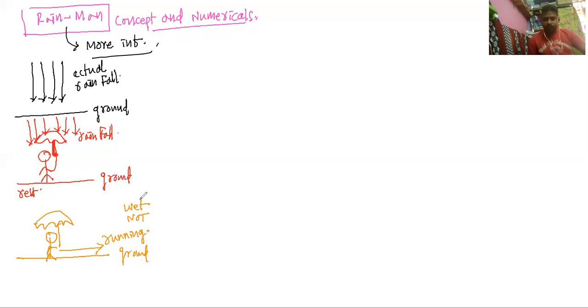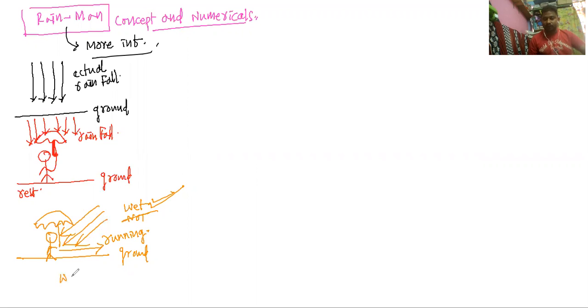Definitely he will get wet, because when he is running in this direction, for him the rainfall is in this direction. Why is this happening? There are many internal phenomena behind this, but we are not going into them.